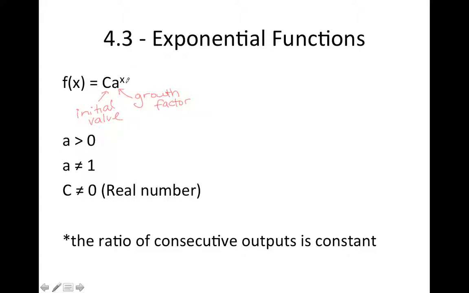And then x is in the exponent, that's your variable obviously, and f of x is the same thing as y, so that's your output, your dependent variable.